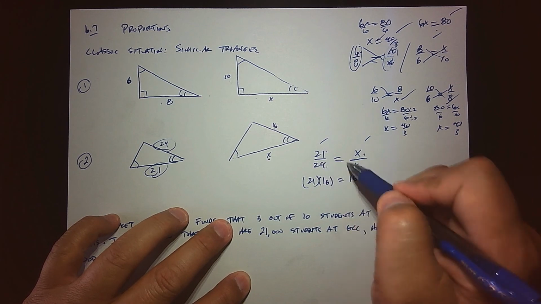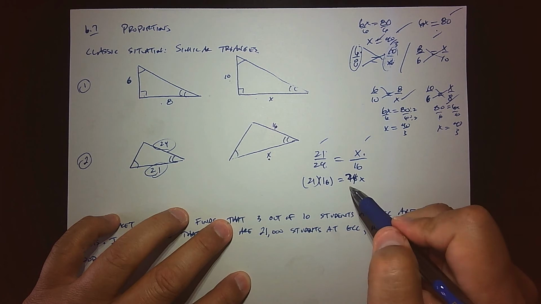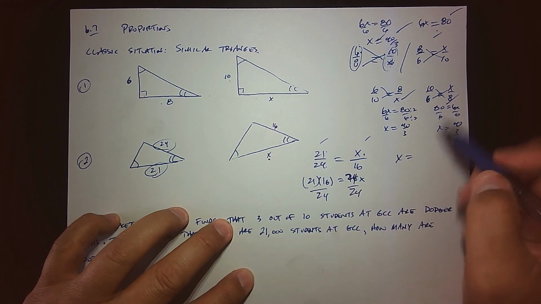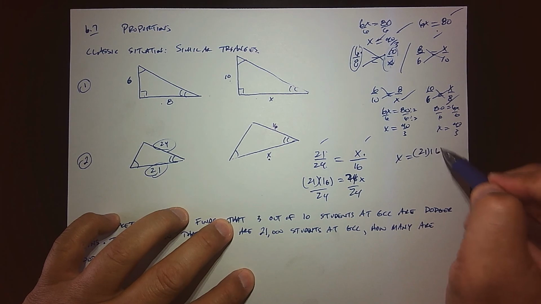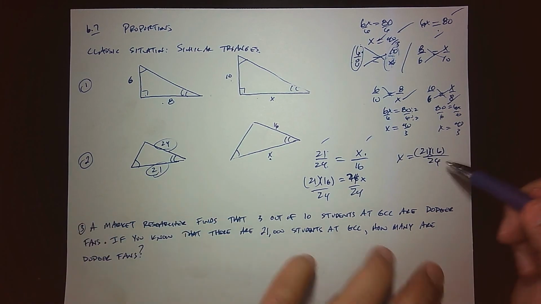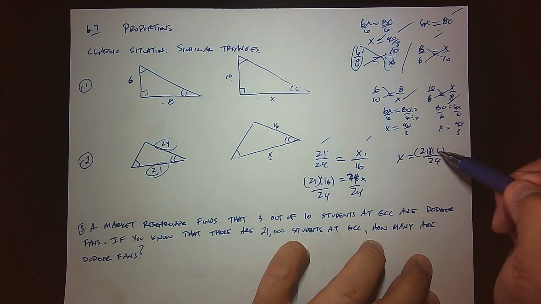Oops. 21 times 16 equals x times 24. Cross multiply, divide both sides by 24. And right now we get x is 21 times 16 all over 24. And again, it's easier to keep things in this form rather than multiplying, because I can see that 16 and 24 both share an 8.